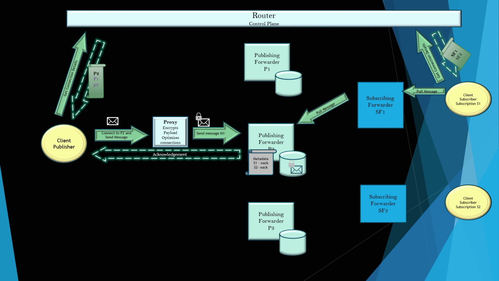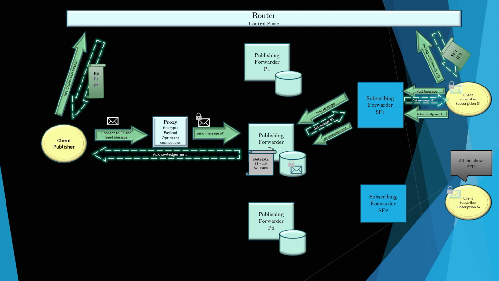Once it gets the pull request, the subscribing forwarder will do a pull request to the publishing forwarder. The publishing forwarder will send the message to the subscribing forwarder, and the same message will be sent to the client. Then the client will send an acknowledgement, and that acknowledgement will be sent to the publishing forwarder. Then it shows that S1, the first subscriber, has acknowledged the message.